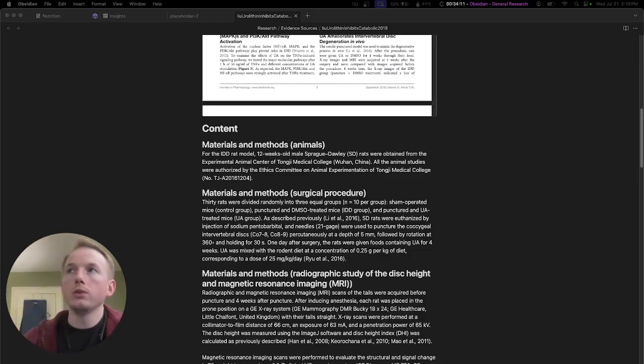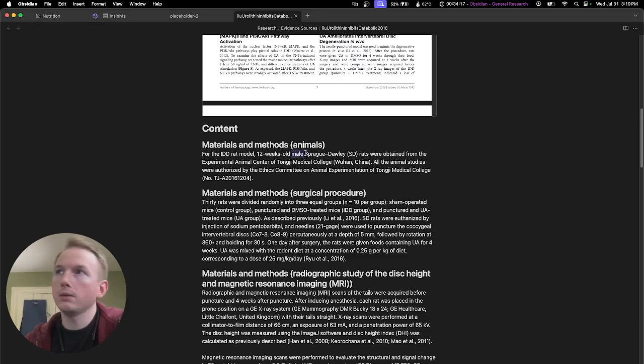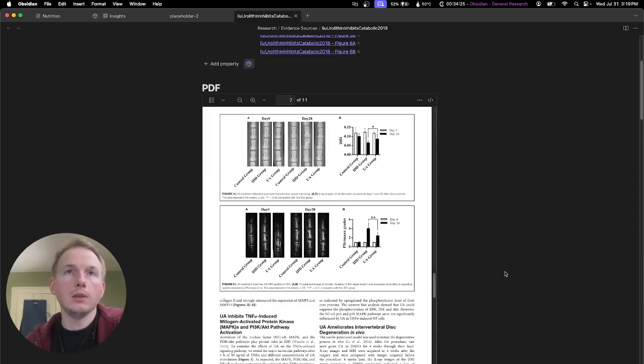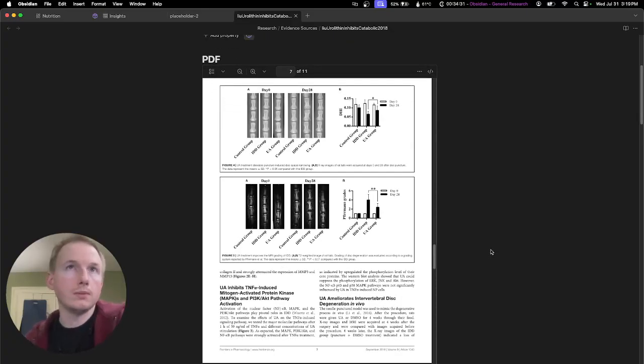So a quick Google search looks like these are male rats. Stop growing around 9 months old. Okay, so these are adult male rats, which means that their discs should be fully formed by the time the disc puncture occurs.